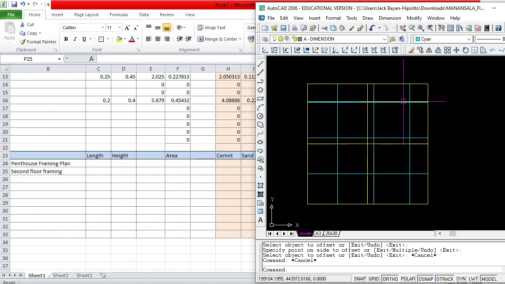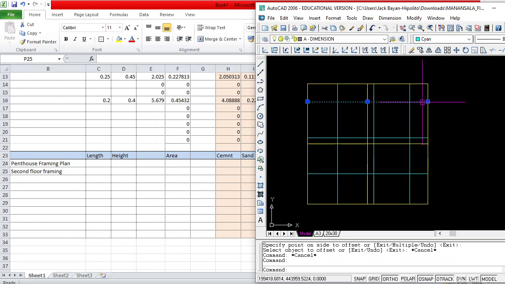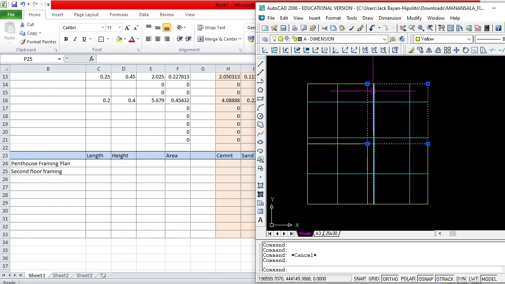May chances na sa iba, dito sa portion na to, ilang bakal lang na ilagay mo? 1 meter each. 1, 2, 3, 4. Dito sa isa, 1, 2, 3. Dito sa isa, 1, 2. Dito isa, 1, 2, 3, 4.